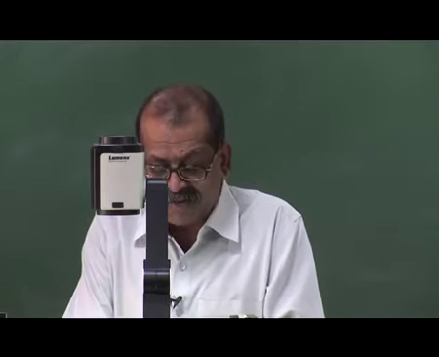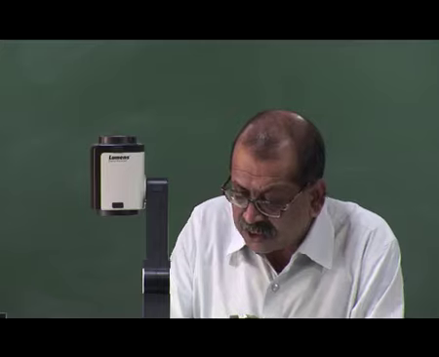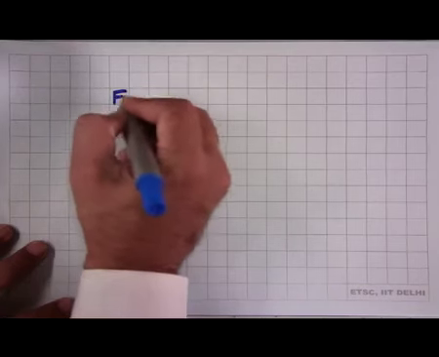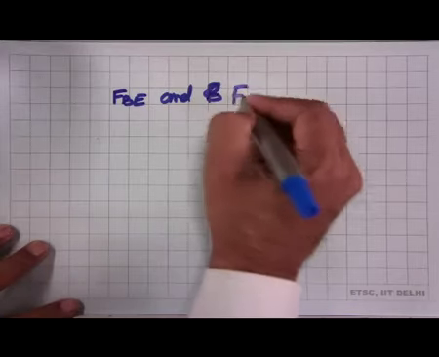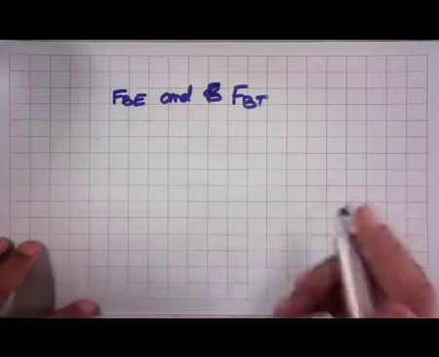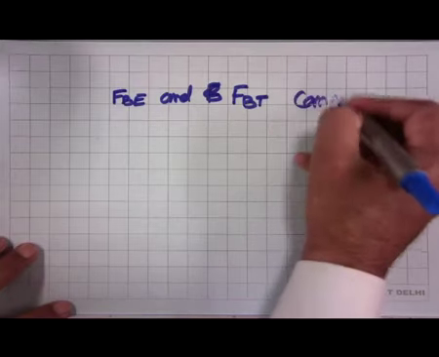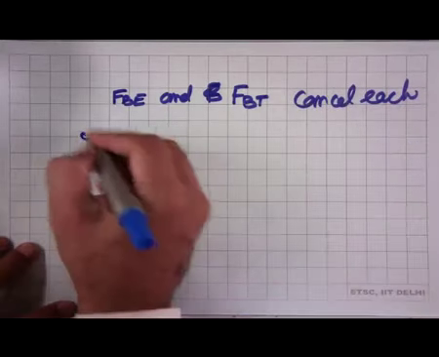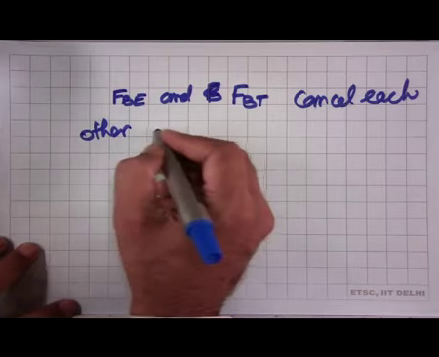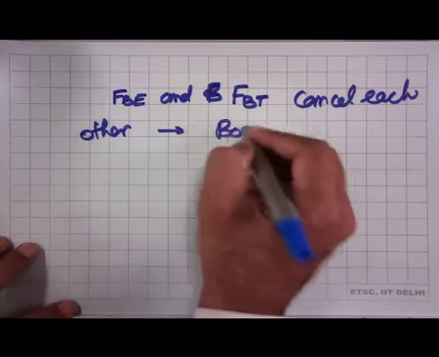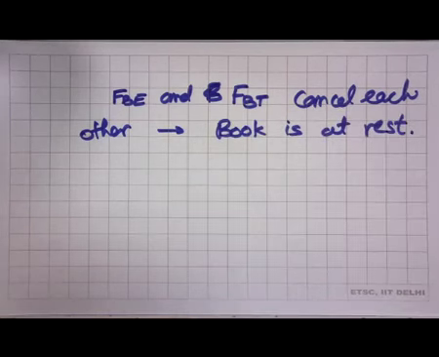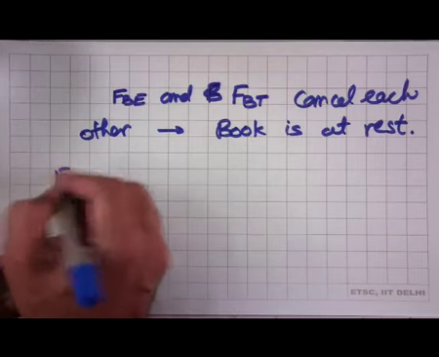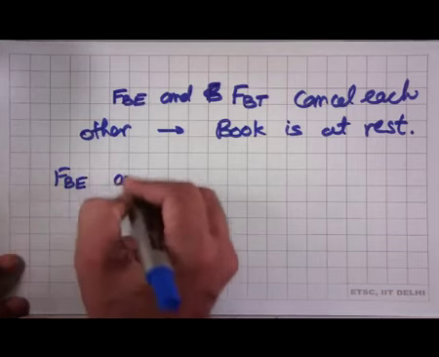So, this is where FBT acts, and then because FBE and FBT are both the forces acting on the book, they cancel each other, that means they are equal and opposite, and so the book is at rest.